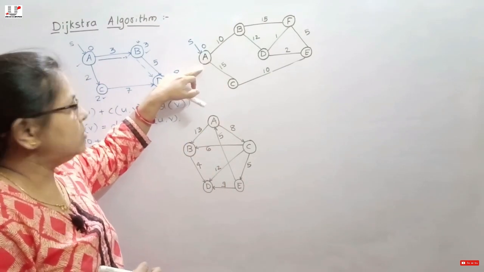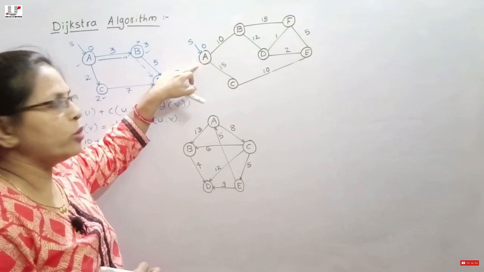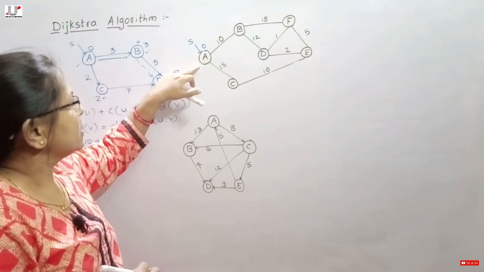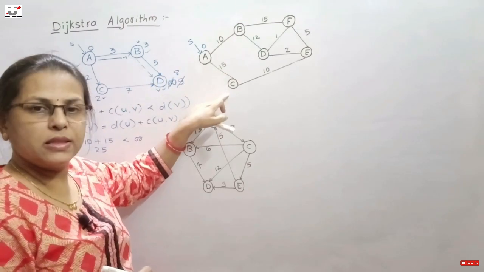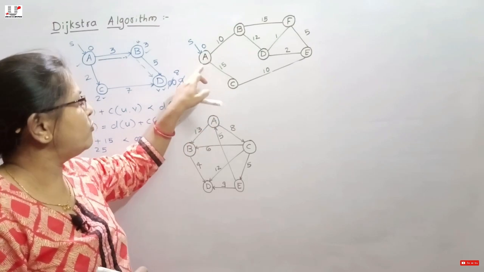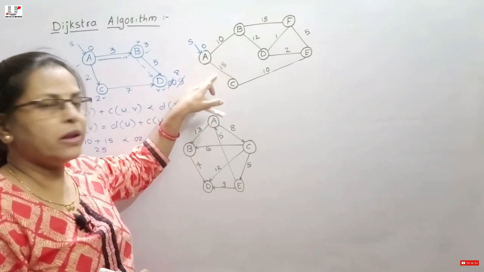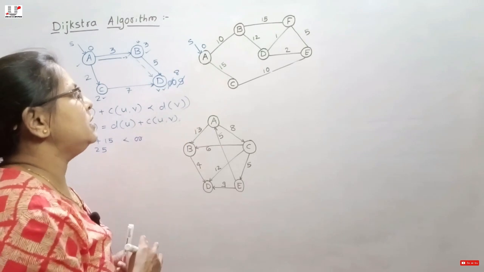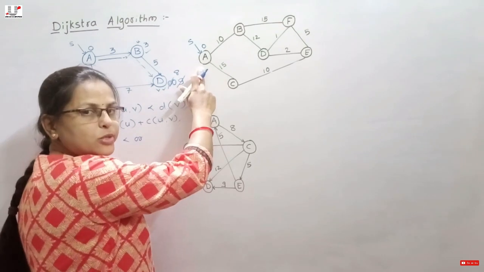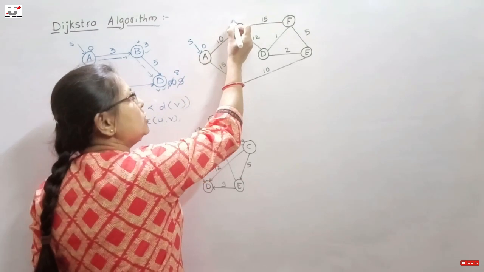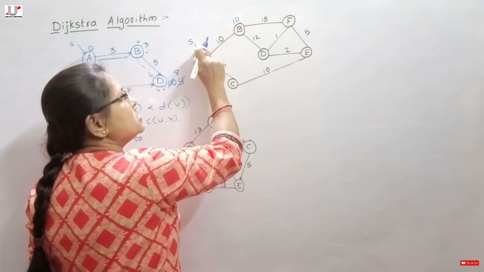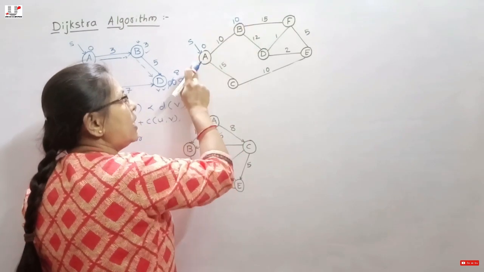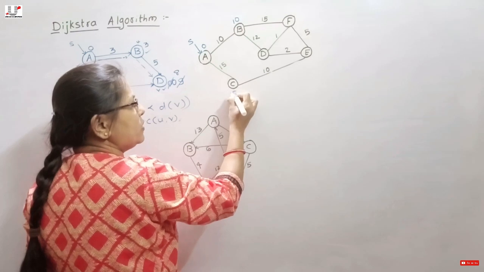Now check the adjacent nodes of A. There are B and C, the two adjacent nodes of A having distances 10 and 15. As they are directly adjacent to the starting node, the distances are 0 plus 10, 10, and 0 plus 15, 15.